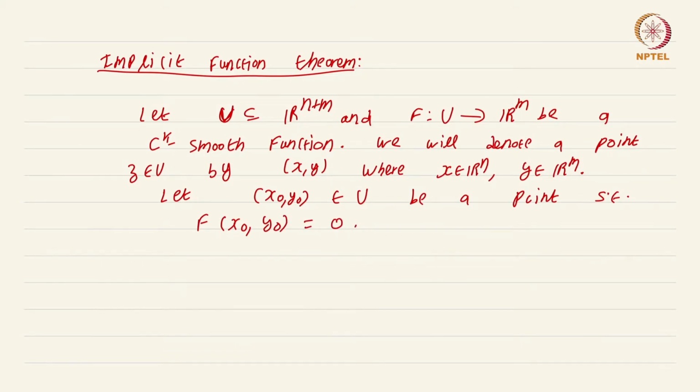So consider a zero of this function. Denote by Dy, a new notation, the partial derivative with respect to the variables y. Dy of f at (x naught, y naught). Well, what is this?